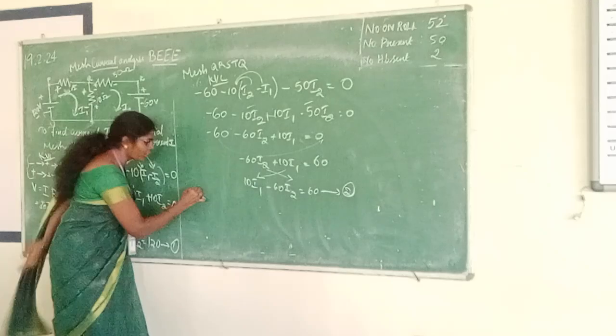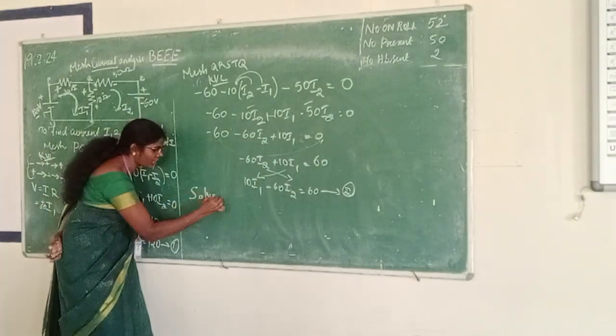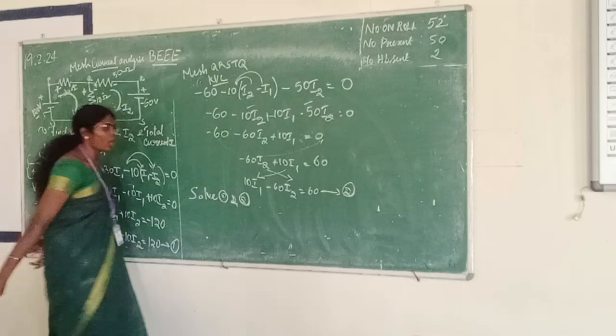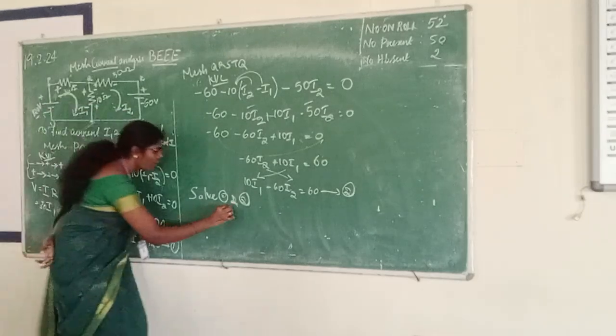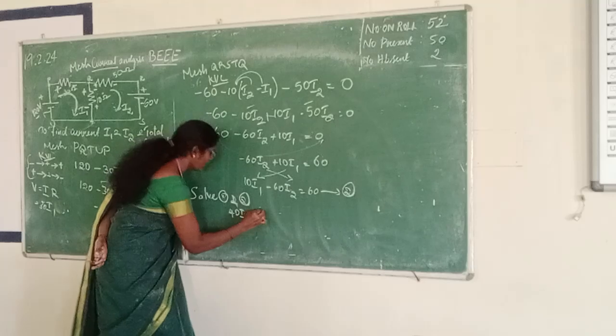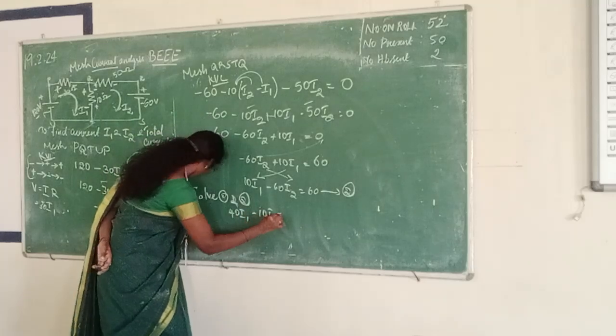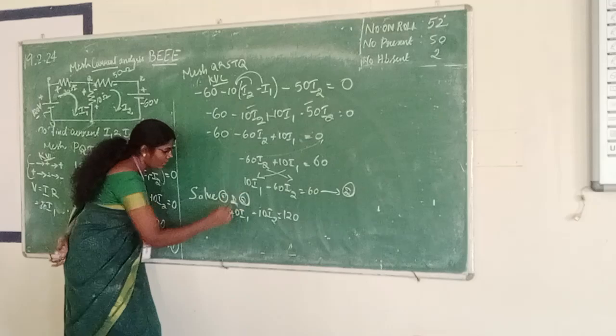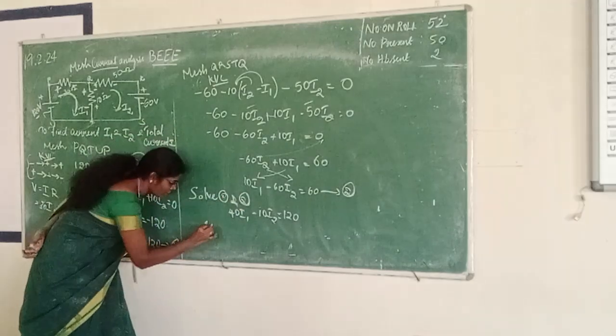So now what are we going to do? We are going to solve equations number 1 and 2. What is the first equation? 40 I1 minus 10 I2 is equal to 120. So here, shall I multiply the second equation by 4?